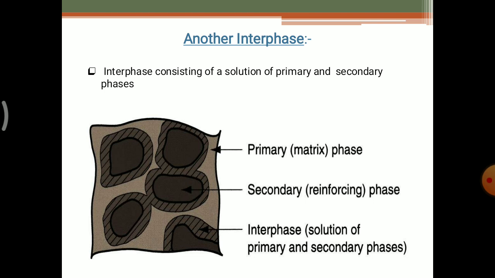But here we are not using any third ingredient. We are only mixing the primary phase and secondary phase, that is matrix and reinforcement phase only.